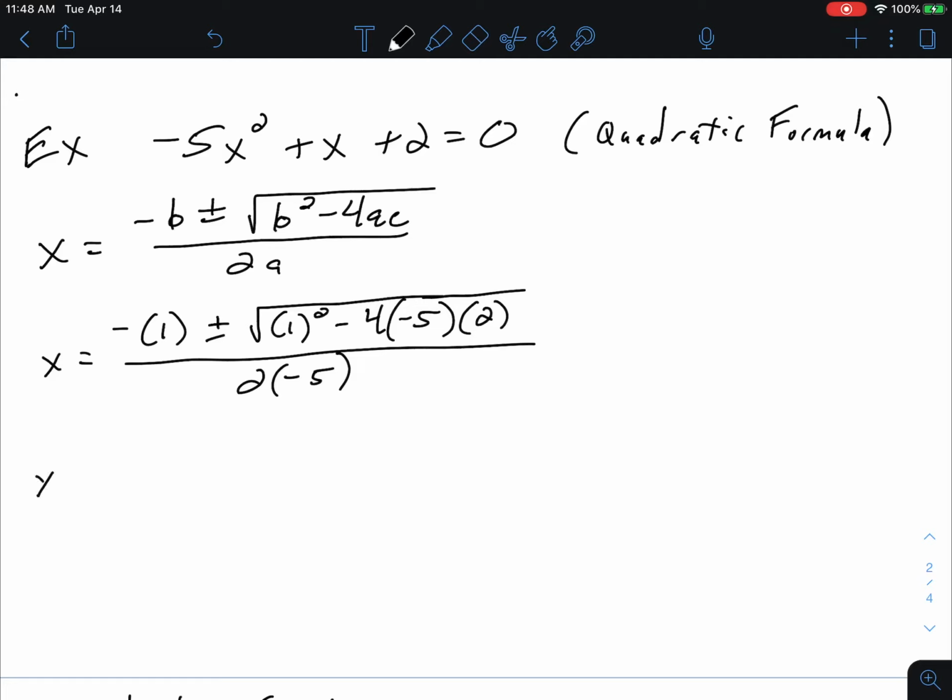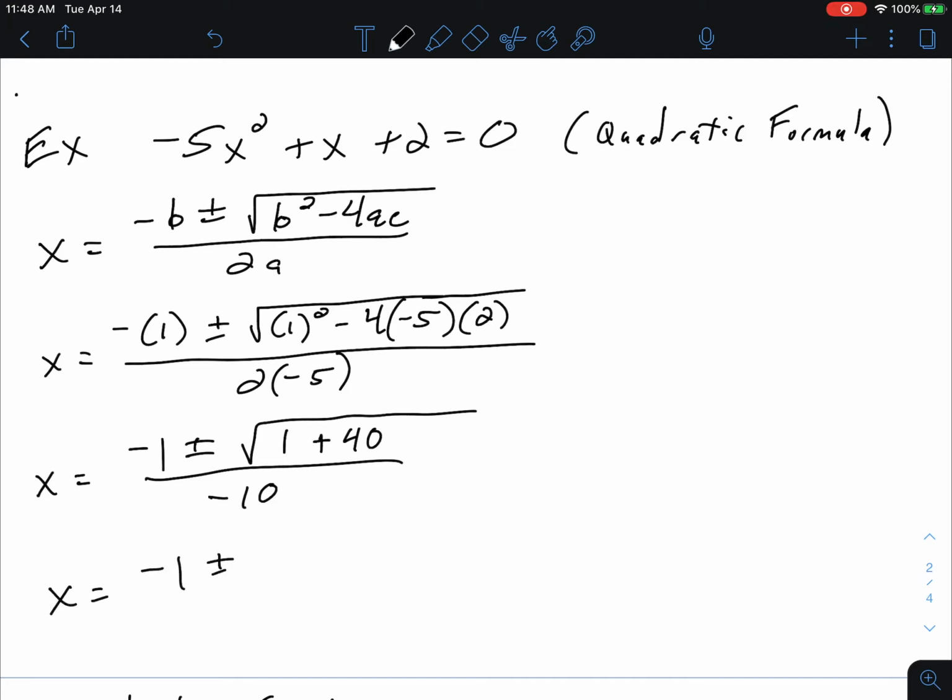Then you're just simplifying. So that's -1 plus or minus the square root of 1. -4 times -5 is a positive 20, times 2 is a positive 40, over -10. And that's -1 plus or minus the square root of 41 over -10. And that does it for the quadratic formula.